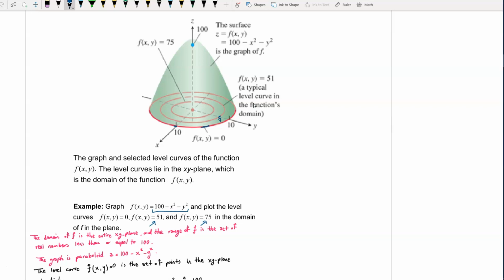And finally, when we had f of x comma y equal to 75, we had x squared plus y squared equal to 25, and for that, the radius was equal to 5. And for all of these, we had center 0, 0. And when we had f of x comma y equal to 100, we had only this point, the origin, because we had x squared plus y squared equal to 0.